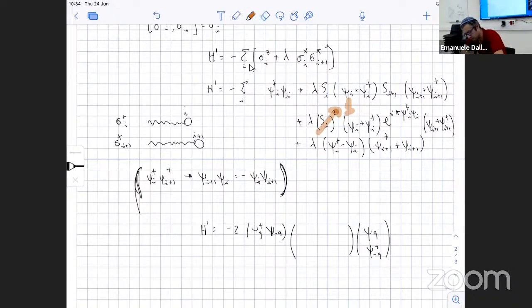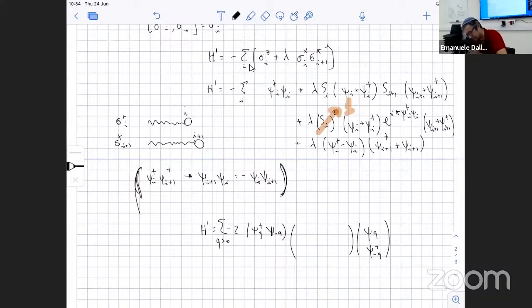We actually sum over all q that are positive, because I need to avoid double counting. Here I have psi_q and psi_{-q}, so I don't want to count them twice. That's why I'm restricting myself to q that is only positive, and this is also the reason why this minus 2 comes out. These are the details. What is important is what lies in the matrix.